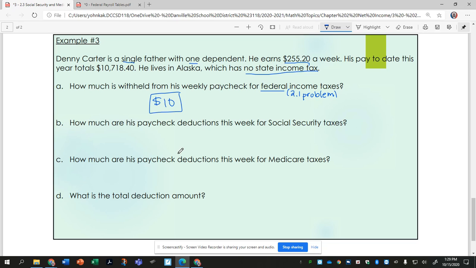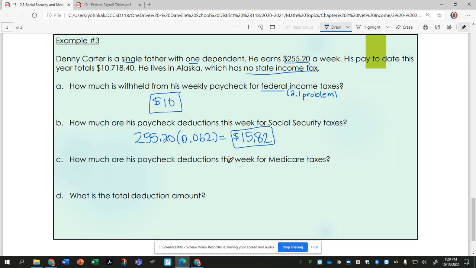How much are his paycheck deductions this week for Social Security taxes? Well, Social Security tax is 6.2%, so 255.20 times 0.062. That's going to give $15.82. So this week, Denny's having $15.82 taken out of his paycheck for Social Security.